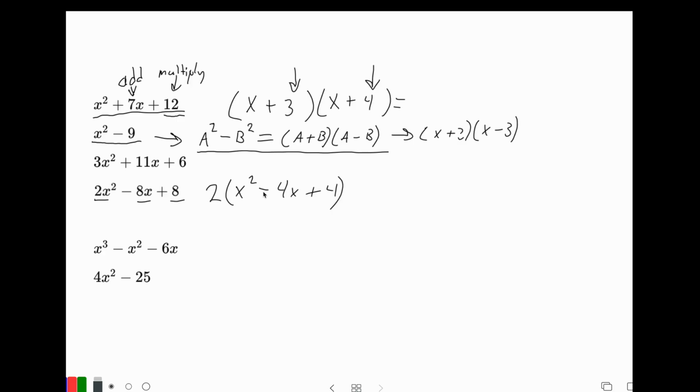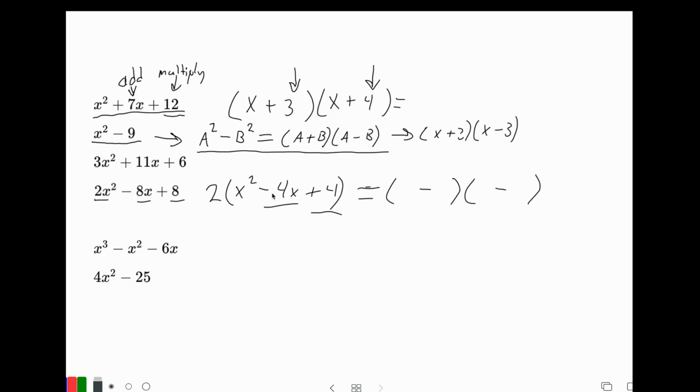Whenever you see the middle number being a negative and the final number being a positive, that means that both of these sets of parentheses are going to have a minus sign.